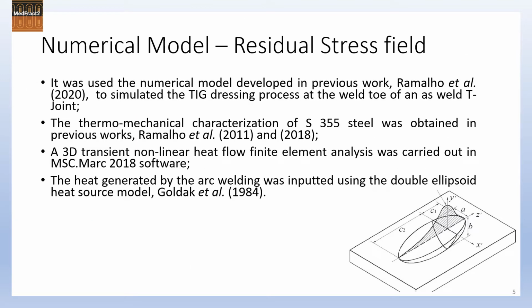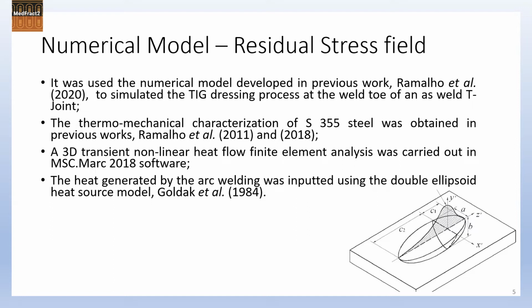The numerical model developed in previous work was used to simulate the TIG dressing process at the weld toe of an as-welded T-joint. The thermomechanical characterization of the steel was obtained in previous work. A 3D transient nonlinear heat flow finite element analysis was carried out in MSC Marc software.